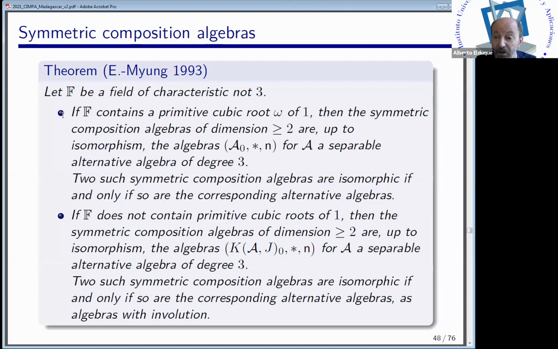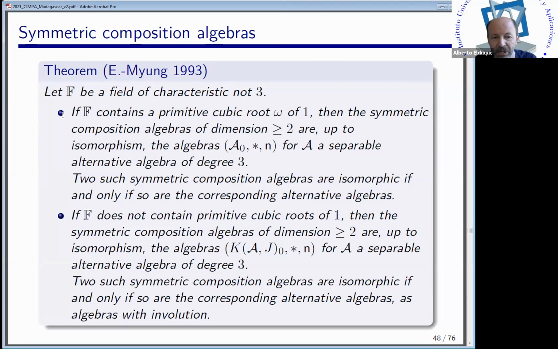So over this kind of fields, the twisting of the multiplication of matrices, or more generally on any separable alternative algebra of degree 3, this twisting given by Okubo gives all the possibilities. And the corresponding symmetric composition algebras include the para-Hurwitz examples.